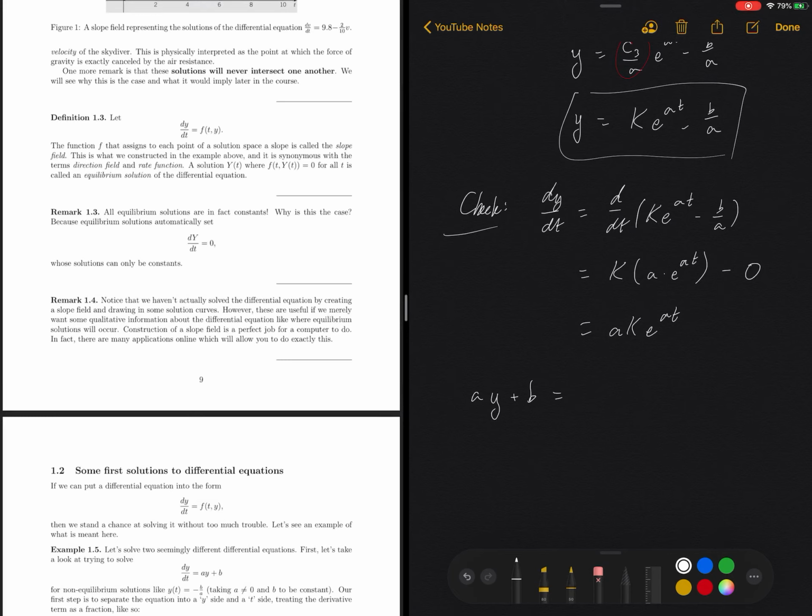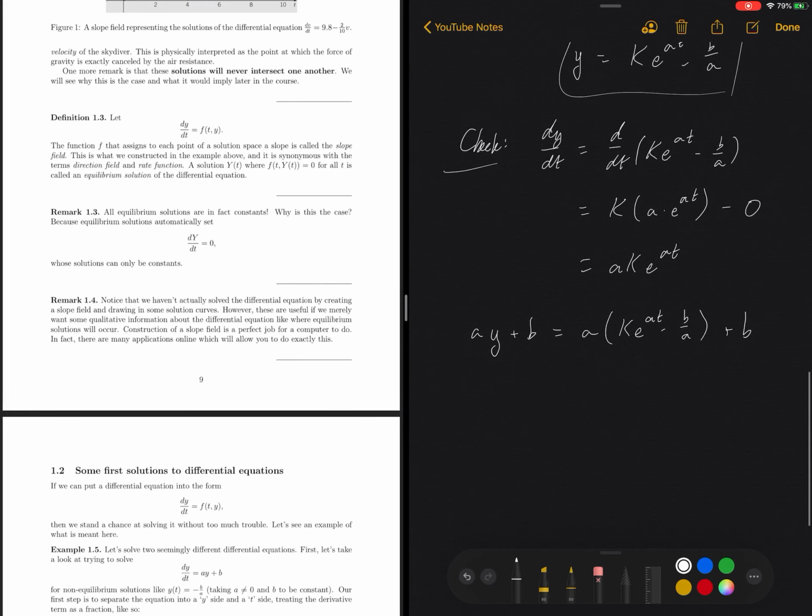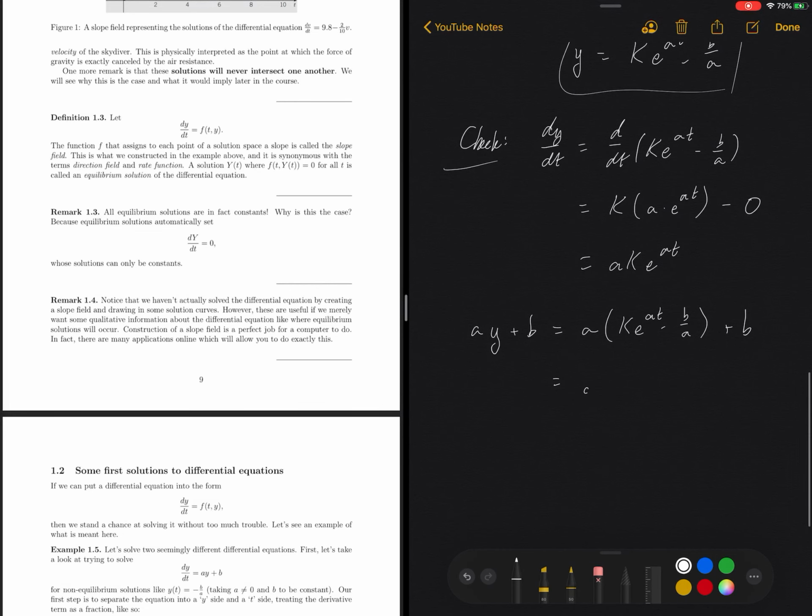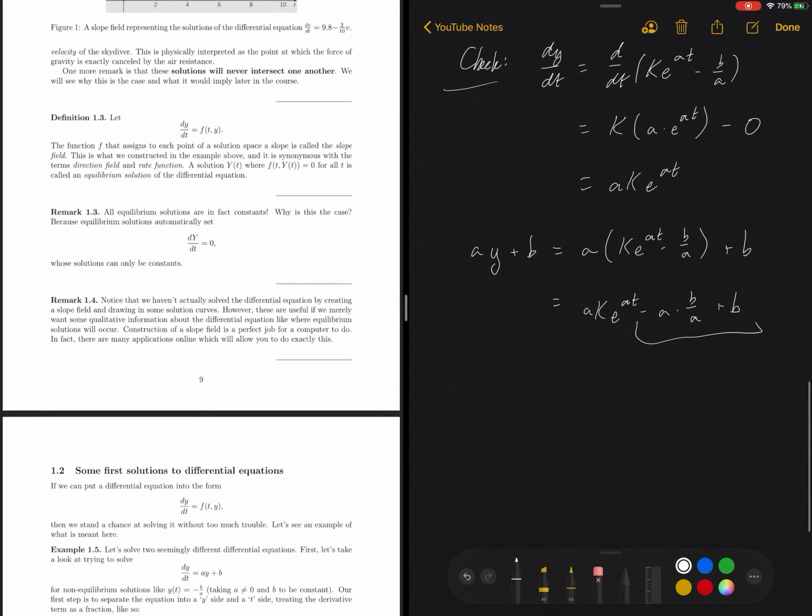with respect to t. Now, the thing that I also have to do is ask, what is a times y plus b? Well, a times y is k times e to the at minus b over a, and then I'll just add b onto it. So what happens? Well, I get a times k e to the at minus a times b over a plus b, and we notice that these pieces sum together to give me a 0.